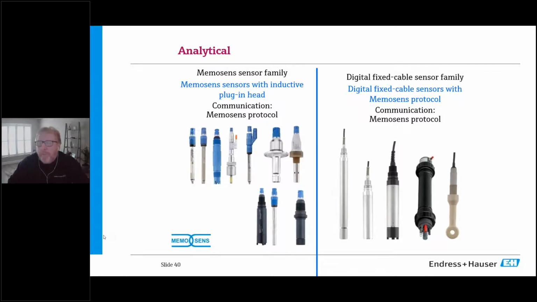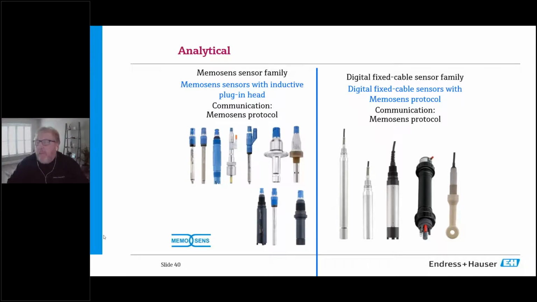So what we did years ago was we said, hey, we need a digital platform. So that platform we call Memosens, M-E-M-O-S-E-N-S. And that really refers to the digital technology between our sensor and our transmitter. So if you look at the split screen here on the left, you'll see sensors that have kind of a blue head to it.